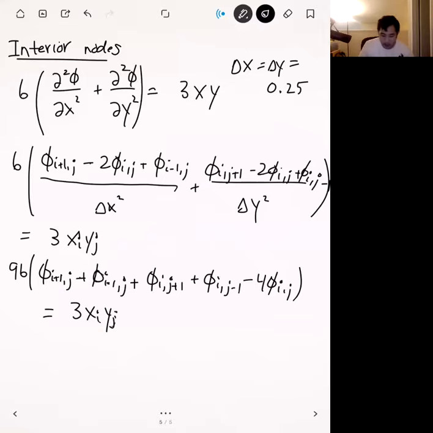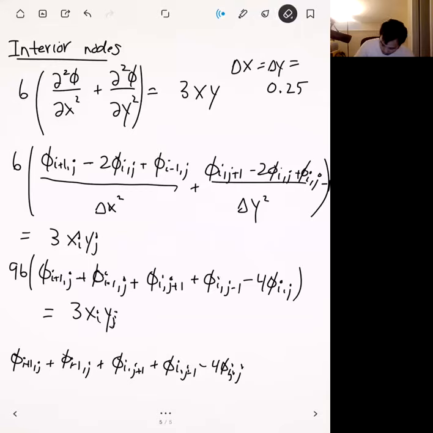Let's divide both sides by 96, and then we'll have our finite difference equation for all of the interior nodes. We're going to have phi i plus 1, comma j plus phi i minus 1, comma j plus phi i, comma j plus 1 plus phi i, j minus 1 minus 4 phi i, comma j, is equal to 3 divided by 96.